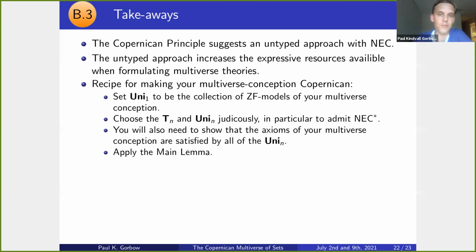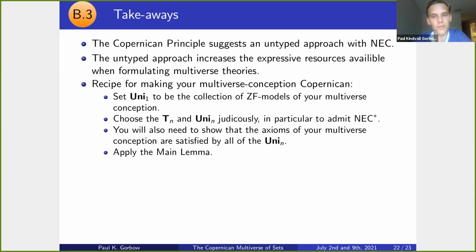We provide a recipe for making your multiverse conception Copernican. So basically set the base level of the unit predicate to be the collection of ZF models of your multiverse, and then choose a hierarchy of theories and a hierarchy of universes judiciously. So basically they have to admit this rule called next star here, which relates different levels of that hierarchy.